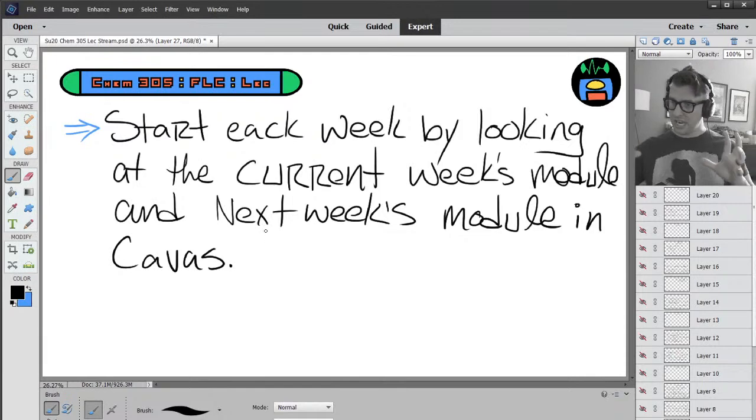So modules is kind of your go-to. The syllabus also has a tentative lecture schedule. Again, each week is about 4 lectures a week.